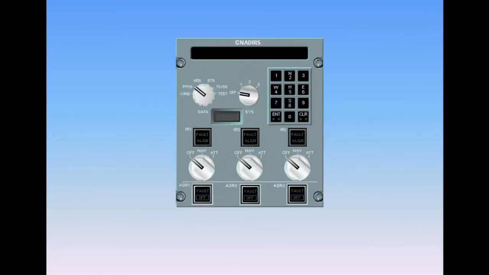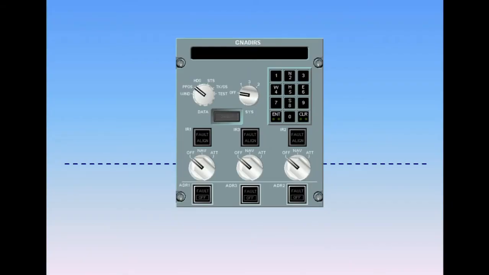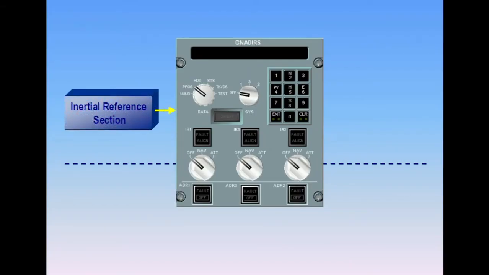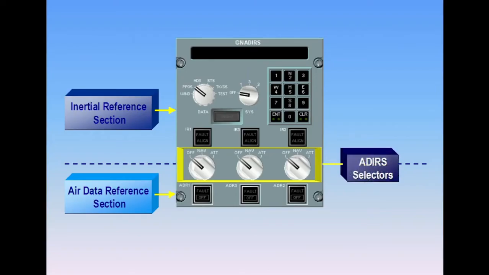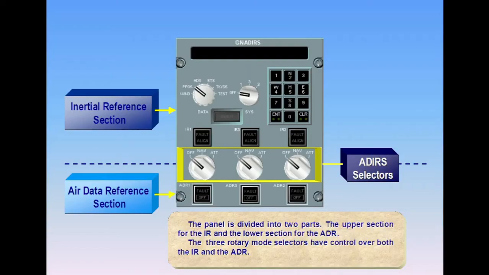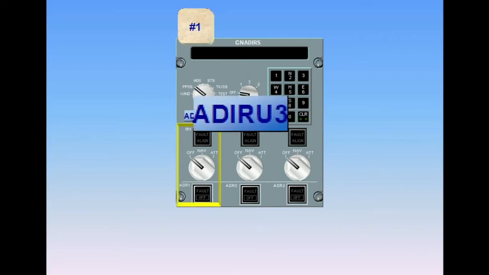Now let's look at the ADIRS Control Display Unit. The panel is divided into two parts: the upper section for the IR and the lower section for the ADR. The three rotary mode selectors have control over both the IR and the ADR. The controls and indicators for the individual ADIRS are grouped and arranged in the order of 1, 3, and 2.